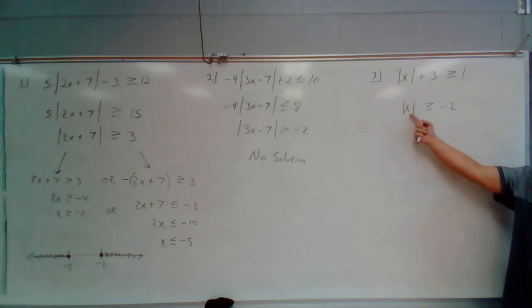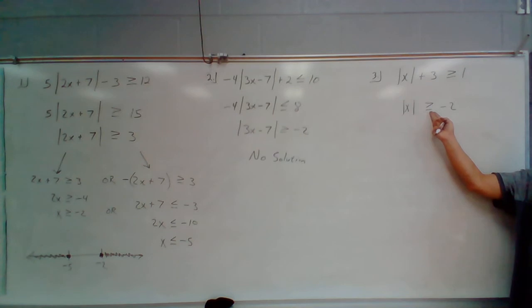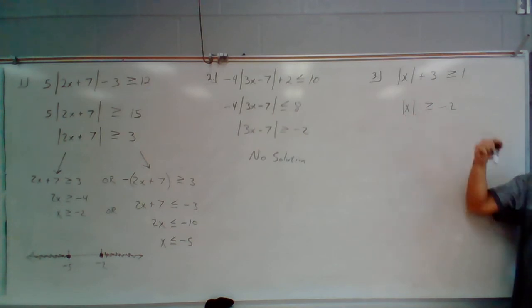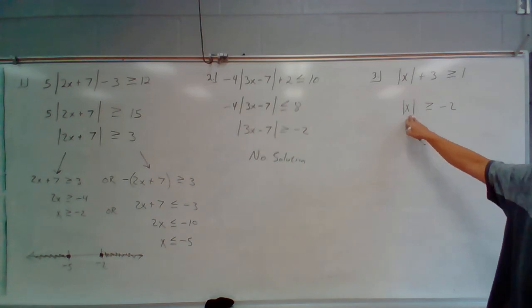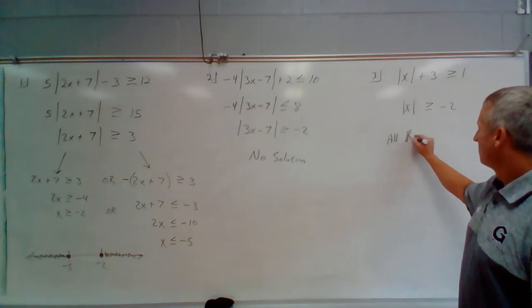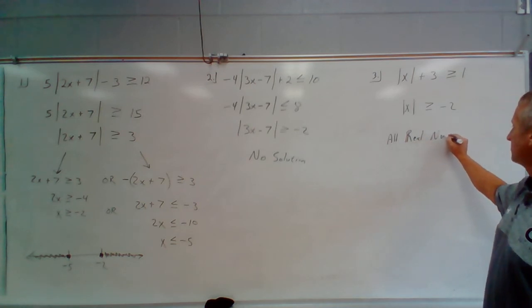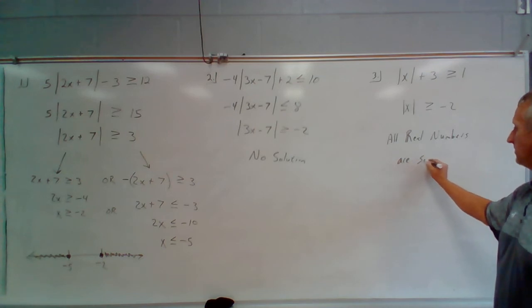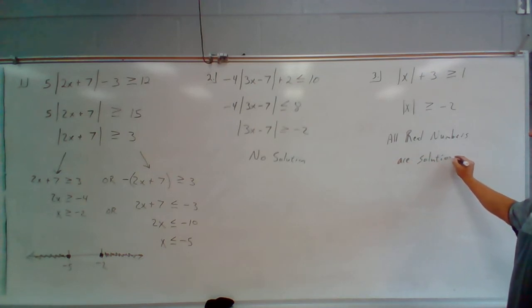So no matter what I put in for x, this side will always be greater than or equal to -2. Has to be, because anything positive is greater than -2. So I can plug anything in for x. So all real numbers are solutions.